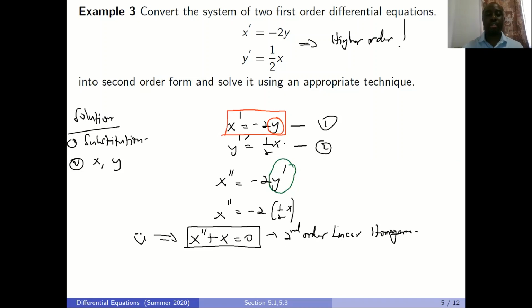How do we do that? Well, from the very first equation, if you know x, so from equation 1, we know that y is minus 1/2 x prime. So once we find x from this first equation here, then we can just take the derivative of x, plug it here, and then we have y. And that gives us the solution to the system of equations x and y.